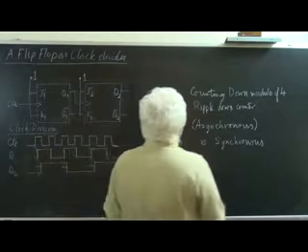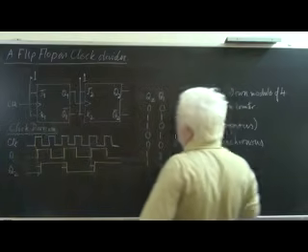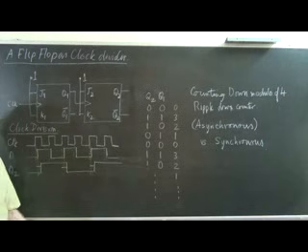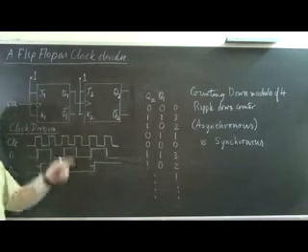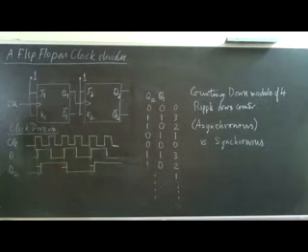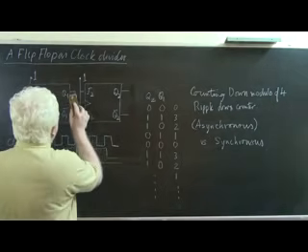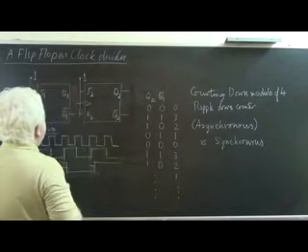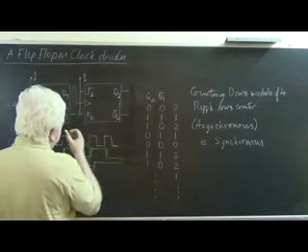What we will do here now is to use Q1 bar as the input to the clock of the second flip-flop rather than Q1 as we have done. So the minor change will consist of taking off this connection and replacing it with this one.